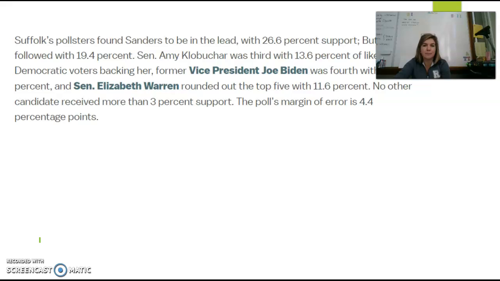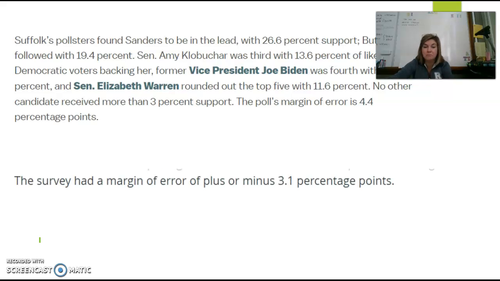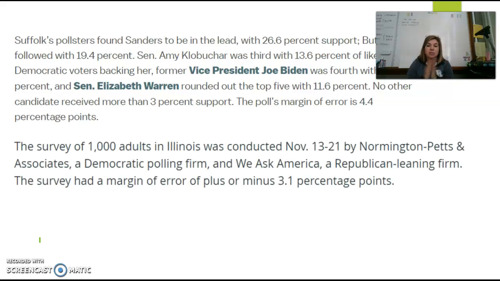So here are some examples, and I made this PowerPoint last year, before we even knew who was going to be the Democratic nominee, let alone the president. These are two examples of where we see margin of error.